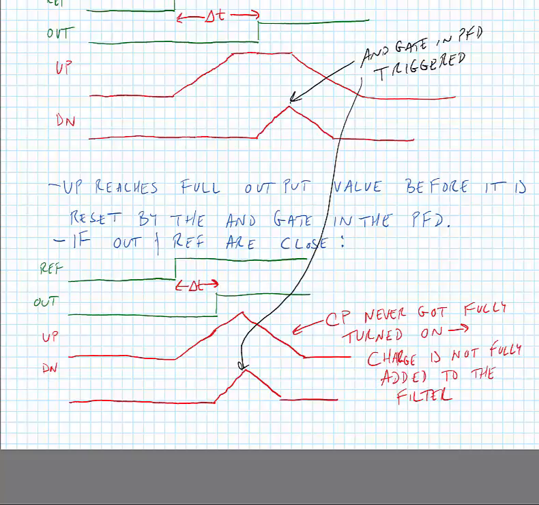Okay, so we don't fully add the charge that we desire to put on the filter, and this means that the voltage isn't going to be what we want it to be, and so the PLL is not going to respond appropriately.